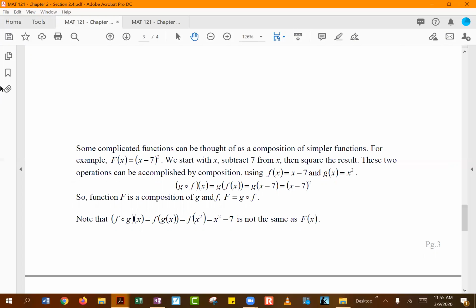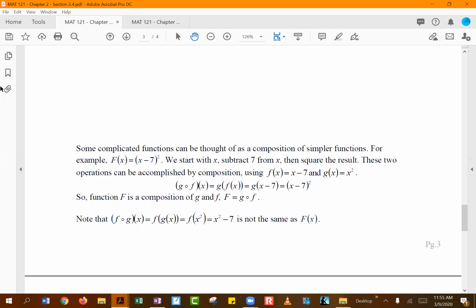One function is just the x minus 7, the other function brings in that second power. From x we need to subtract the 7, and we also need to square our entire answer. If you take those two operations and separate them into two functions, you get your two simpler functions here.